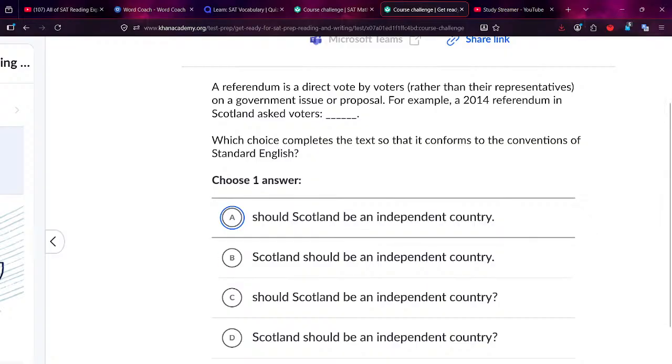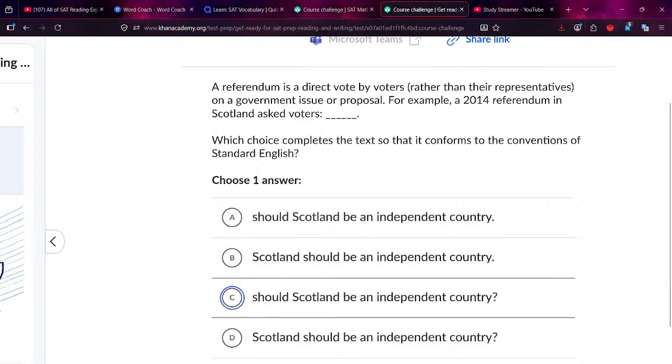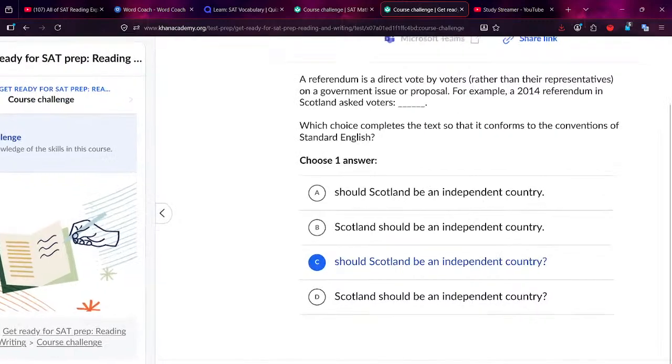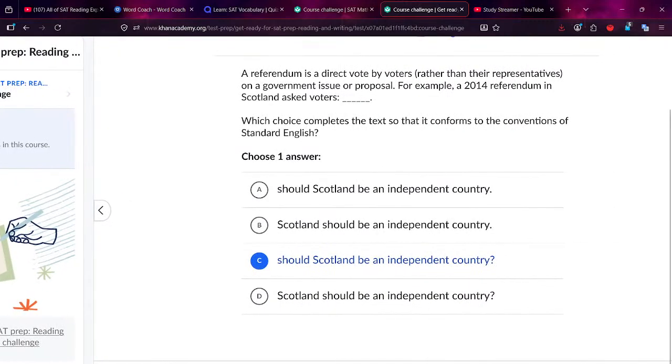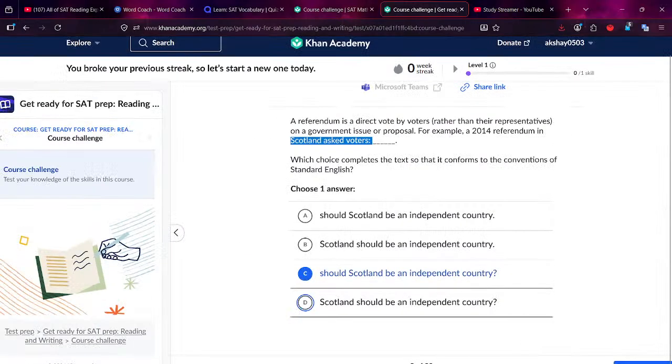So these two don't make sense, right? Scotland asked, should Scotland be an independent country? This makes more sense than D, because D is saying Scotland should be an independent country, but that doesn't make sense when you say Scotland asked voters. You're implying that the question is going to come up next. Scotland asked, should Scotland be an independent country? That makes sense.